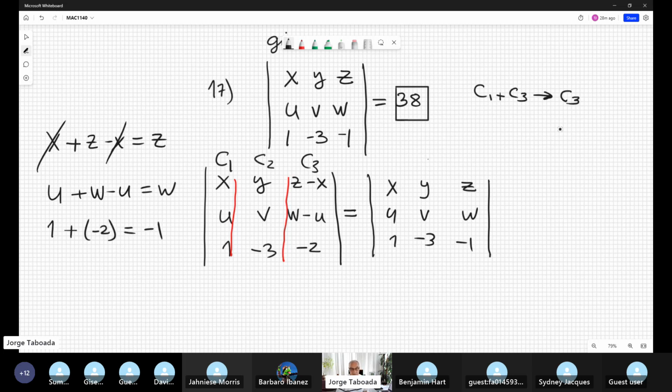Wow! And now, this new determinant after this column operation is exactly the same as this one. So it equals 38. And by transitive behavior, the original given one is also 38, because I know very, very well that when you perform a row operation or column operation on the determinant, the value of the determinant stays the same.